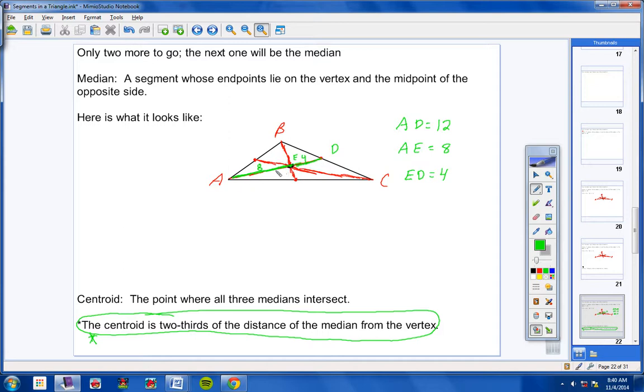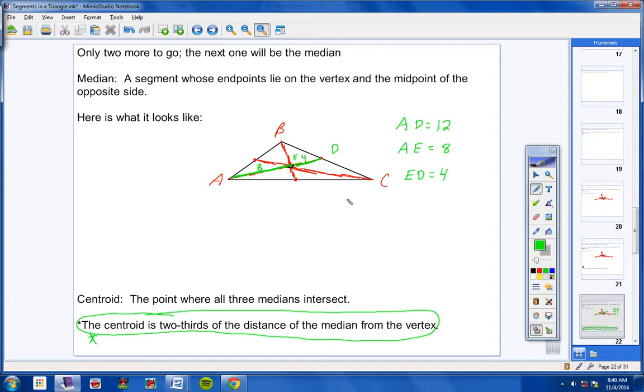The longer segment will always be twice as big as the shorter segment, okay? And students, this longer segment here will always be 2/3 of the entire segment.